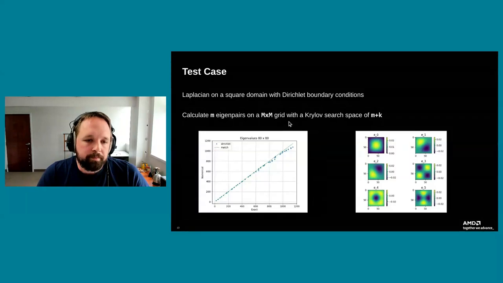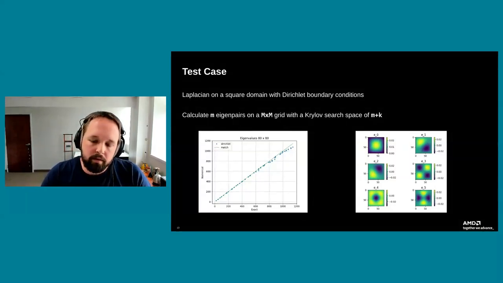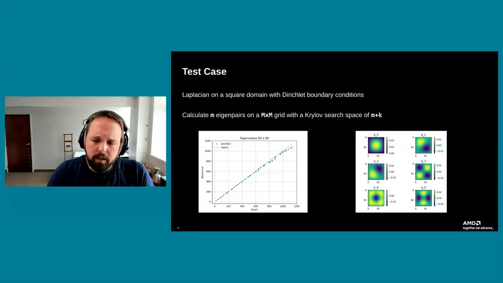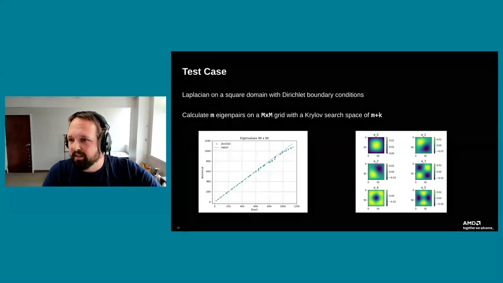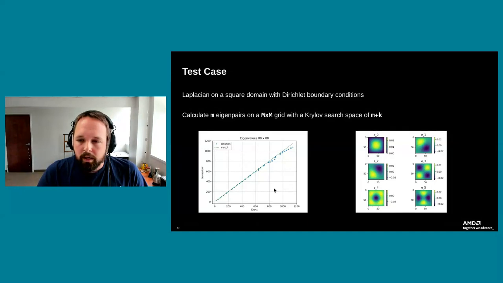Another little trick with this method: if you want to find m eigenpairs, you need a search space slightly larger than m. We'll have what's called a Krylov search space of m plus k, where k is typically only 10 or 15. For example, if I'm looking for 100 eigenpairs, I would probably have 110 or 115 vectors in that search space. Down at the bottom, I'm showing two plots.